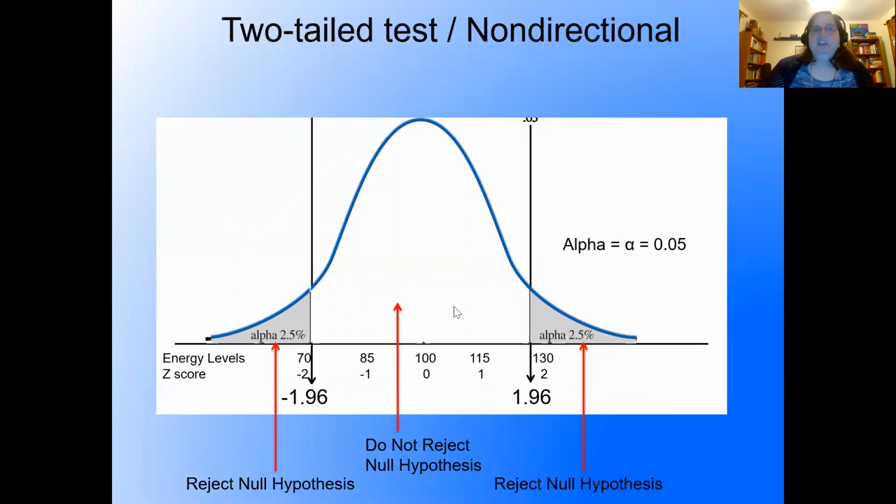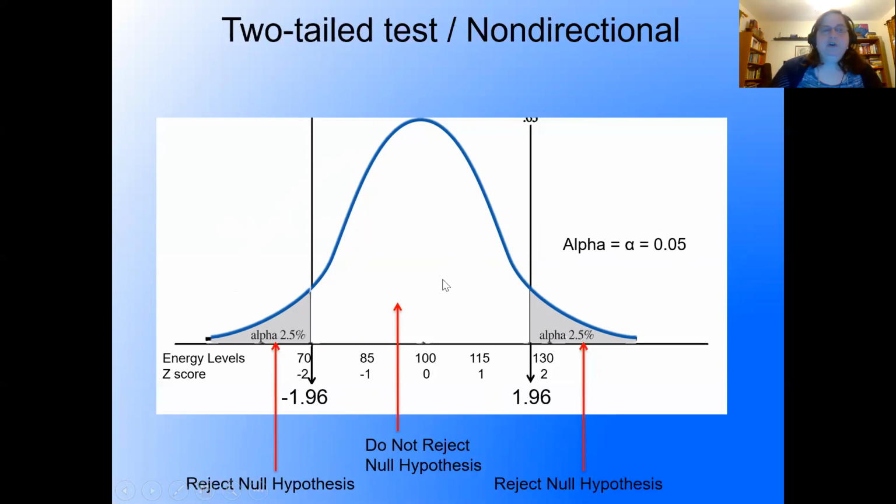So our alpha stays 0.05. But now that we want to have some in the high end and some in the low end, we have to split this into two pieces. 2.5% here in the upper end and 2.5% here in the lower end gives you 5% total, or 0.05.